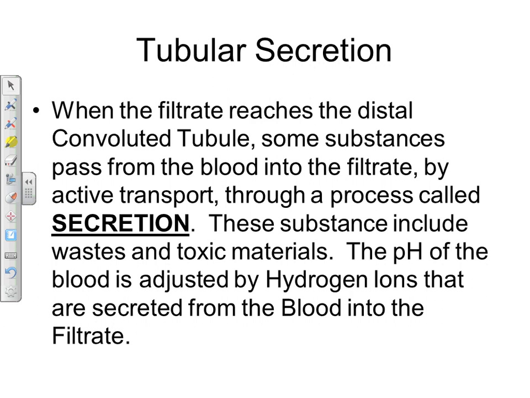And therefore it's going to be sent out. You get rid of H+, what happens to the pH of your blood? Goes up. What does distal mean? Far away. Far away from the first part, the glomerulus.